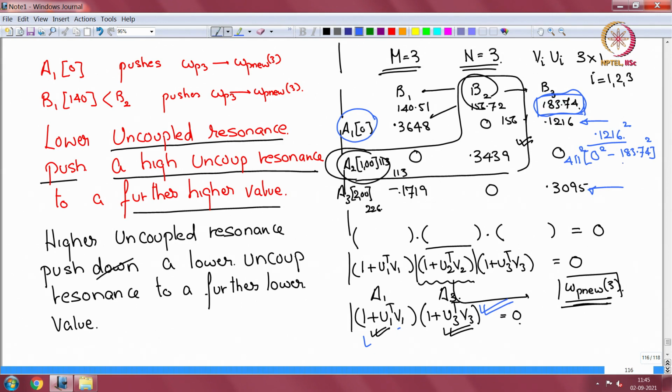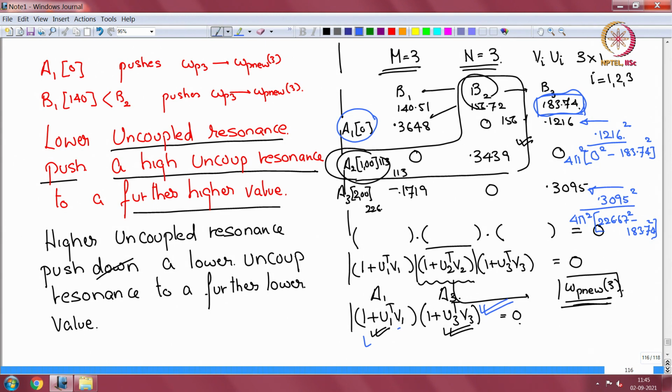Okay, then similarly 0.3095 squared divided by 4 pi squared into 226.67 squared minus 183.74 squared.